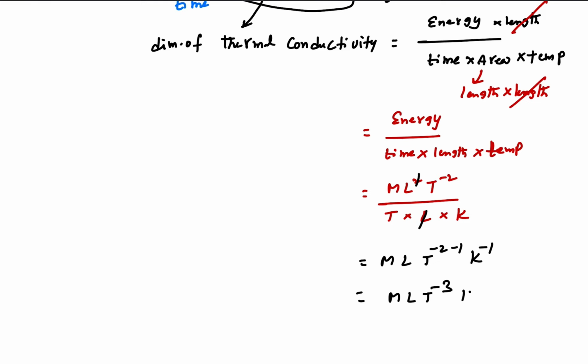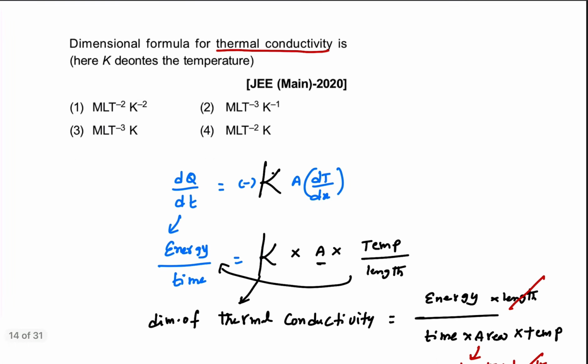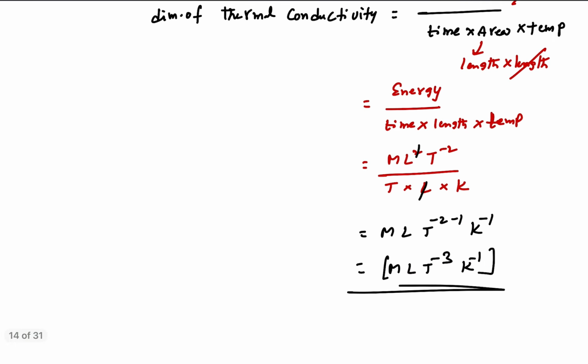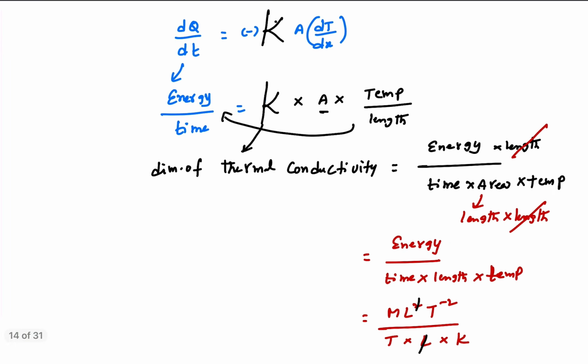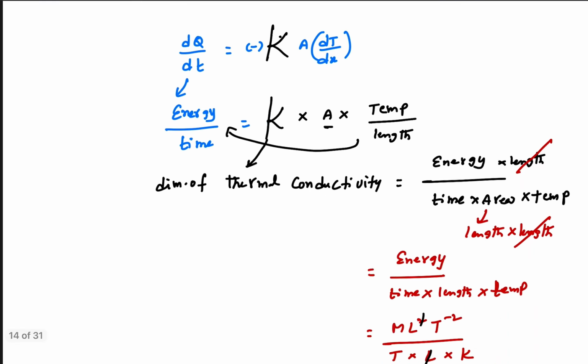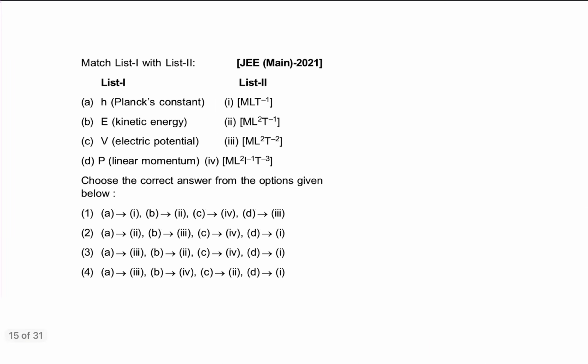So finally you can write it as m L T power minus 3 K power minus 1. This is my dimensional formula of thermal conductivity. So you can see which option is possible, m L T power minus 3 K power minus 1. Second option is the correct option.